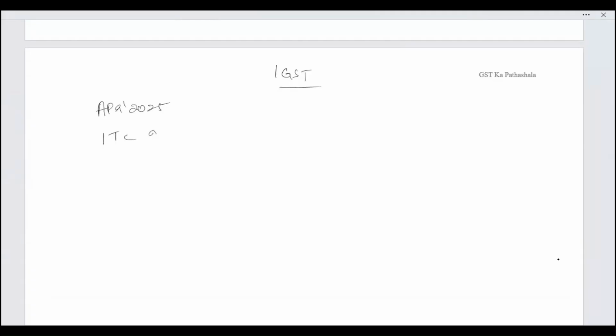ITC as per GSTR 2B is 1 lakh. ITC as per GSTR 3B, say 1,20,000. This is scenario 1.